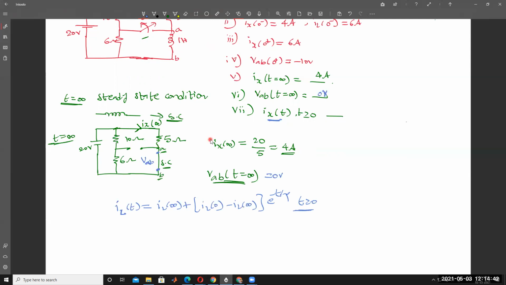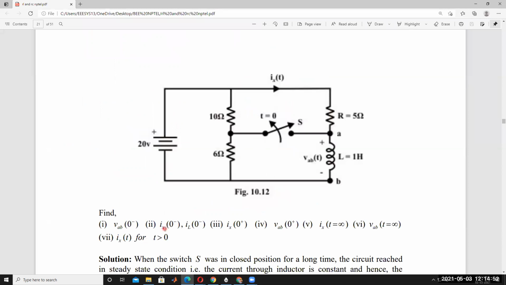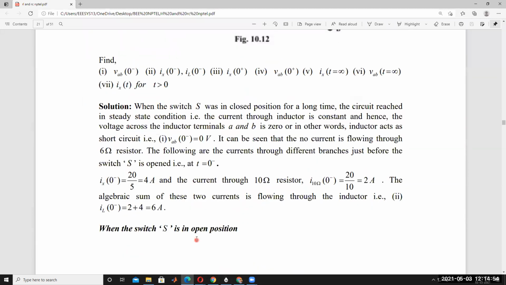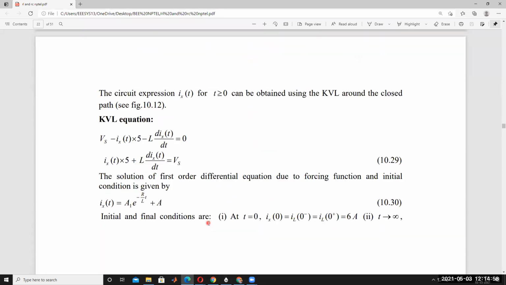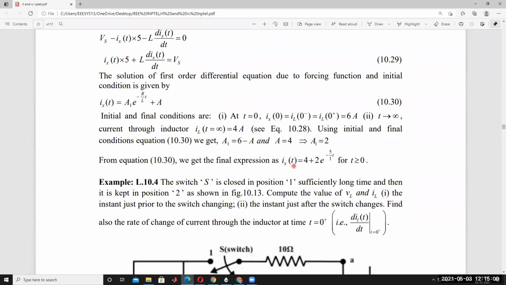From this relation you will get Ix of t is equal to 4 plus 2 into e power minus 5 by the time constant, for t greater than or equal to 0.